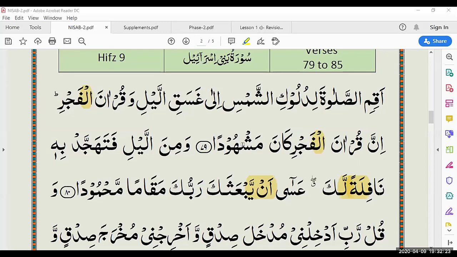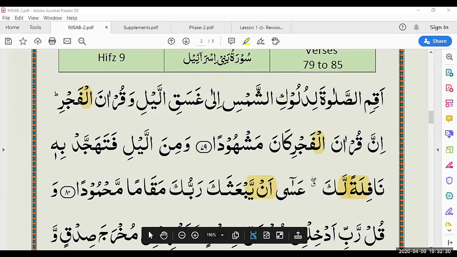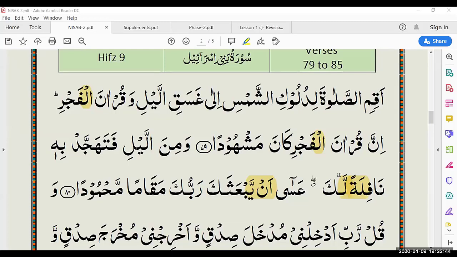I've highlighted some of the words as you can see here. Tell me what we've learned about idgham, which means to merge. We have idgham kamil, or we have idgham naqis. Idgham kamil is complete assimilation, and idgham naqis is partial assimilation.